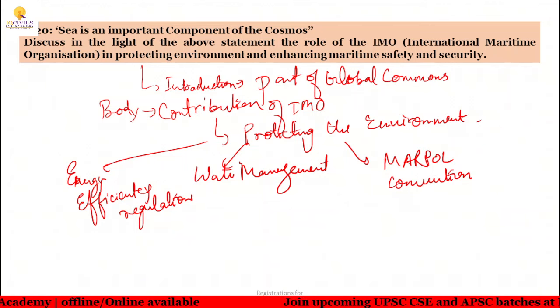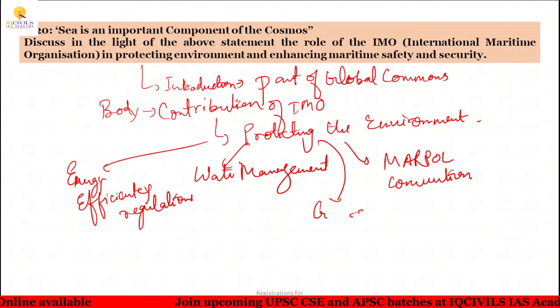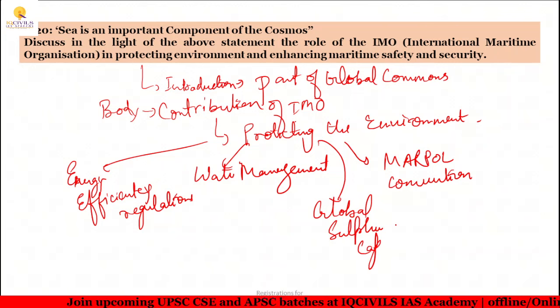Clear? Then global sulfur cap. Now, the global sulfur cap reduces the permissible sulfur content in the fuel oil which is used in ships. And remember this, it reduces air pollution from the shipping industry.